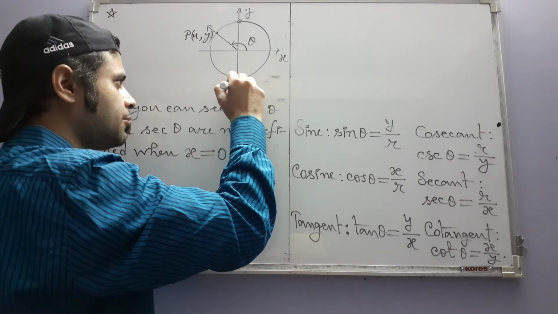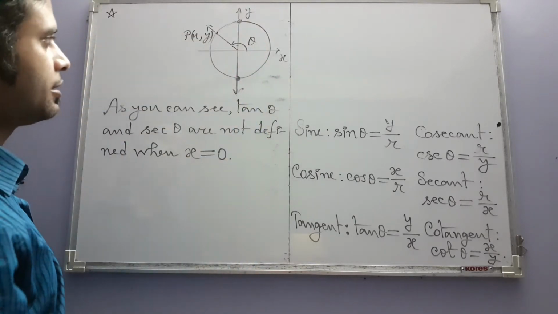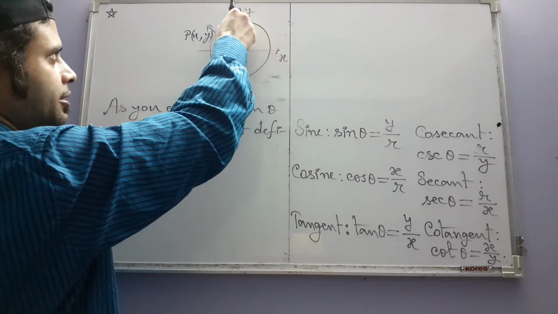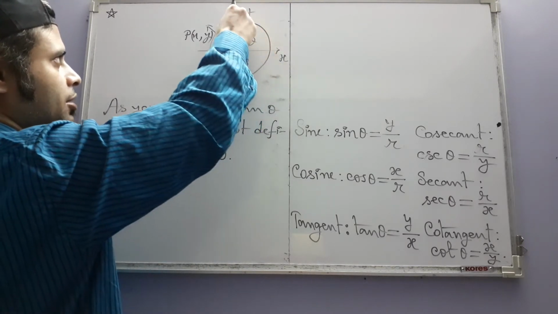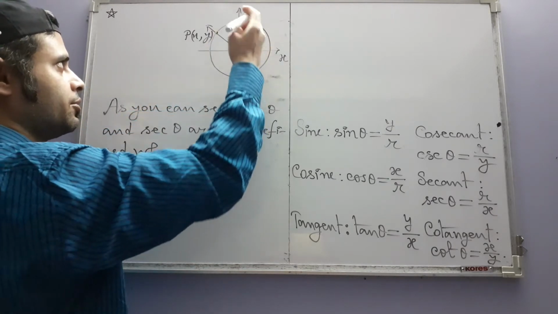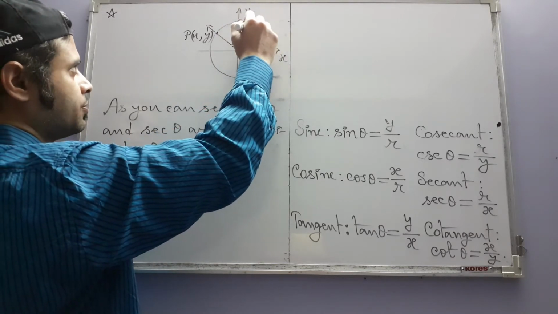Now, what type of thetas will give you these two positions? You can see that if your angle is 90 degrees, that is pi divided by 2 radians, then you have a problem, because then your point is here, which has coordinates 0, r.